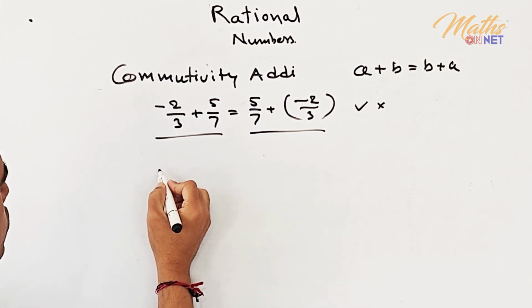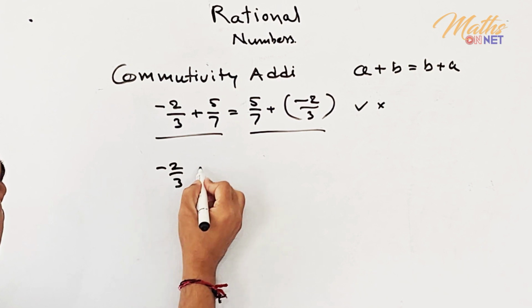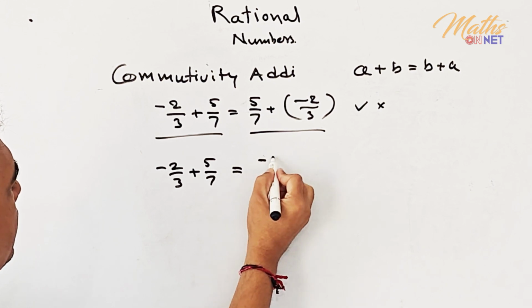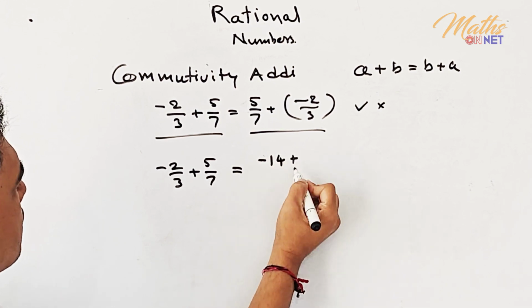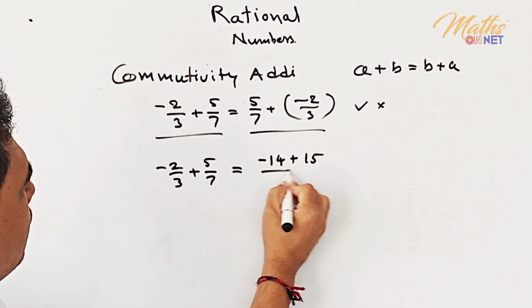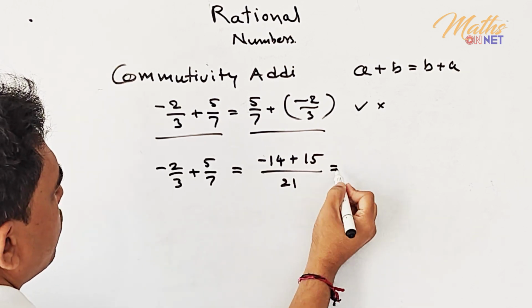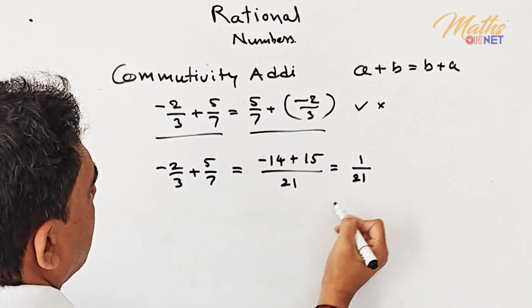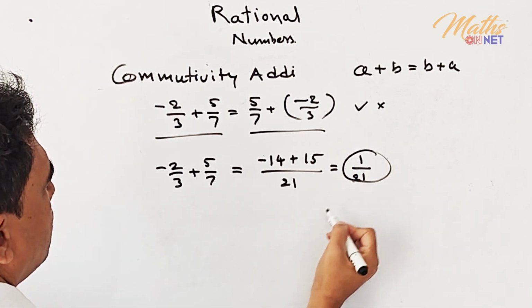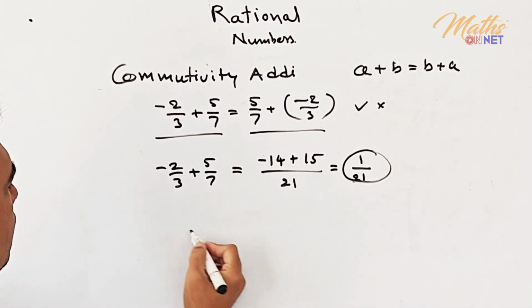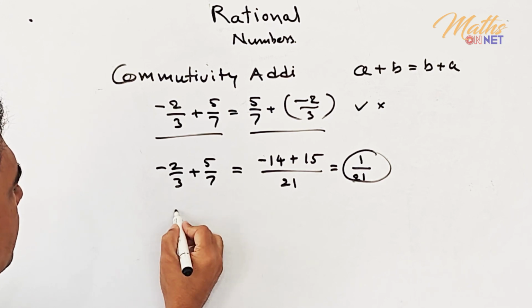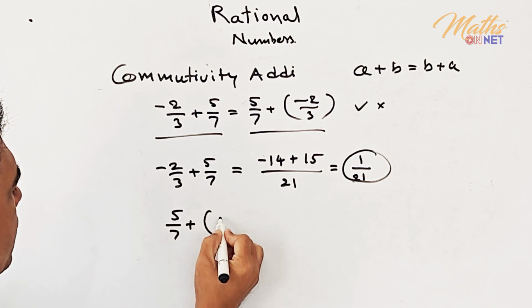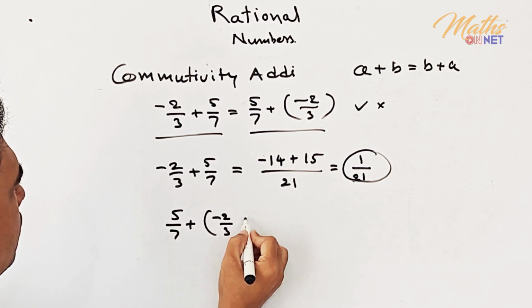So, minus 2 by 3 plus 5 by 7 is equal to minus 14 plus 15 by 21. So, that gives me 1 by 21. So, this is the answer for the left side. Now, let's reverse this and make it B plus A, that is 5 by 7 plus in bracket minus 2 by 3.